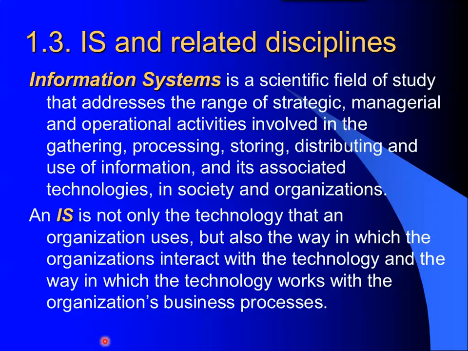In the same way, information system has an academic definition. It's a scientific field of study that addresses a range of strategic, managerial, and operational activities involved in gathering, processing, storing, distribution, and usage of information and associated technologies in society and organizations.